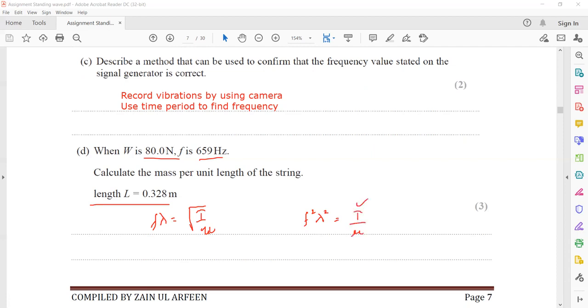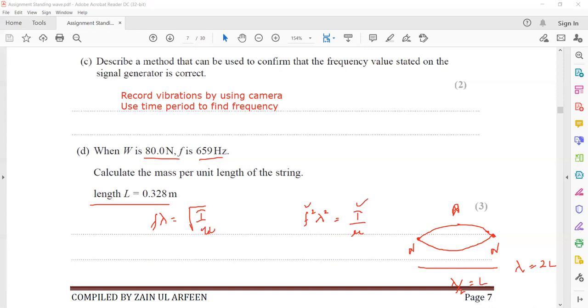So T is there, f is there, but how do we get lambda? In the beginning they mentioned it is vibrating, forming nodes at the ends and an antinode at the center. So when a node is at each end, the distance between two successive nodes is lambda by 2. So lambda by 2 is equal to L, or lambda is equal to 2L. So in place of lambda, we can write 2L.